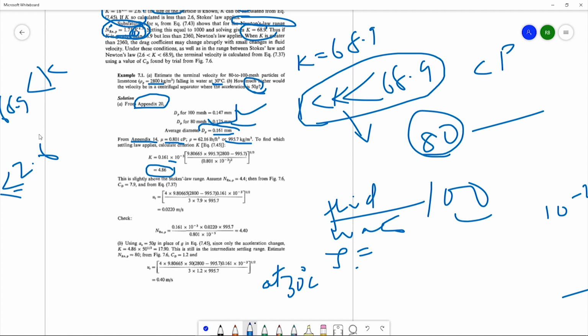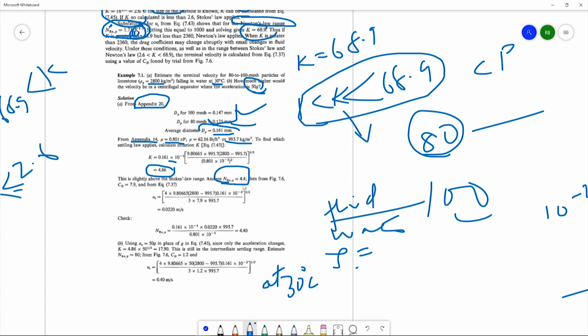You have to assume a Reynolds number and recalculate. So you have to do trial and error to calculate the drag coefficient. What you can do is just assume some Reynolds number. Let's say in this case we have assumed 4.4. You can assume 4 also and check.